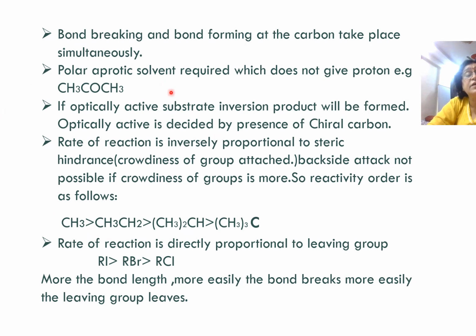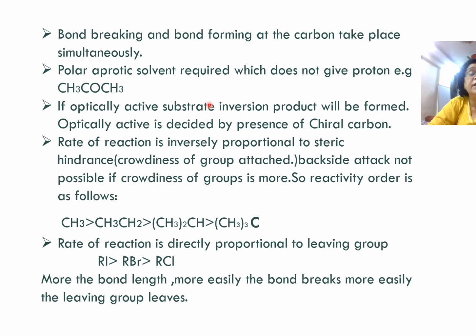If the carbon is optically active, that means four different groups are attached to the carbon, then the product formed will be what? The product formed will be the inverted product. So if the reactant is levorotatory, the product will be dextrorotatory, or if the reactant is dextrorotatory, the product will be levorotatory. Clear? So if the substrate is optically active, the inversion product will be formed.